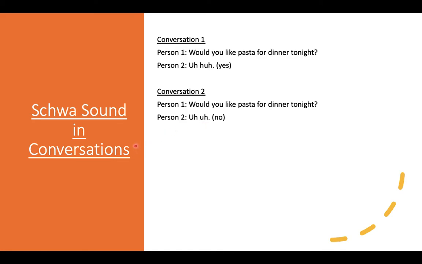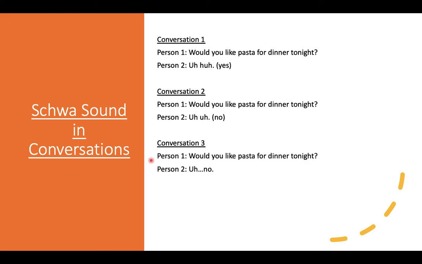Sometimes we make this sound in English when we're thinking. So listen carefully to this conversation. Would you like pasta for dinner tonight? Um, no. Here, the sound is not actually a word. It's just a sound we make when we're thinking of our answer. In this case, the answer is no, but we thought about it first. I'll repeat this one again.